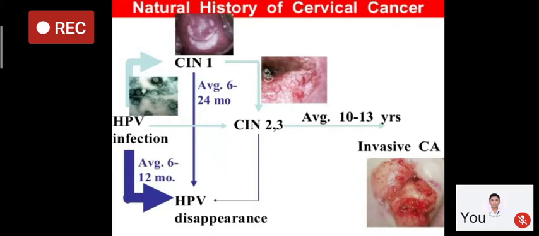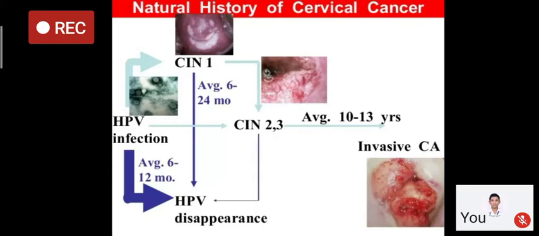But in a few of the patients, it leads on to CIN1, and after CIN1, 6 months to 2 years, it progresses to the next stage of CIN2 or 3, and after CIN2 and 3, it takes around 10 to 12 years to go into the stage of invasive carcinoma.